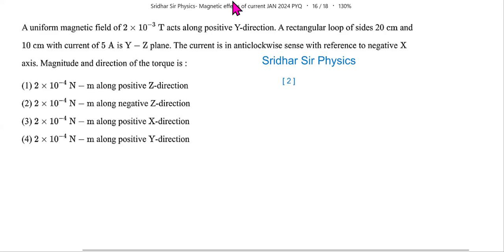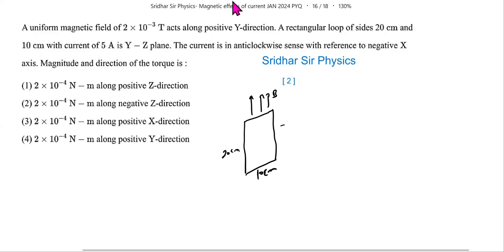The torque due to the dipole moment is being asked. The magnetic field is along the y-axis. The current is anti-clockwise with respect to the negative x-axis.